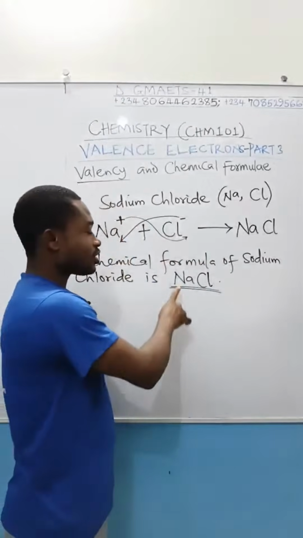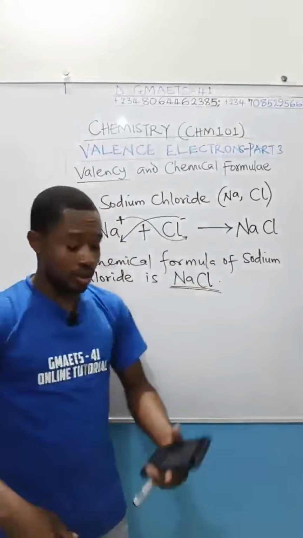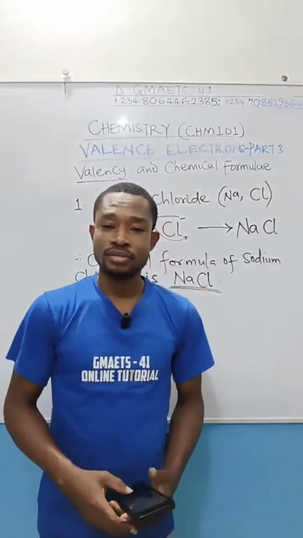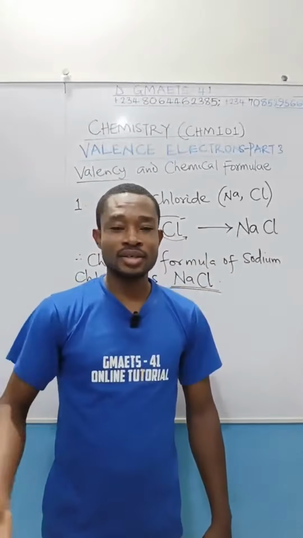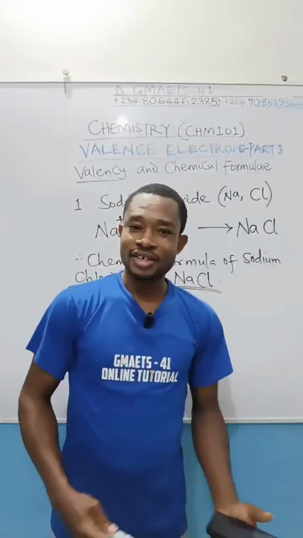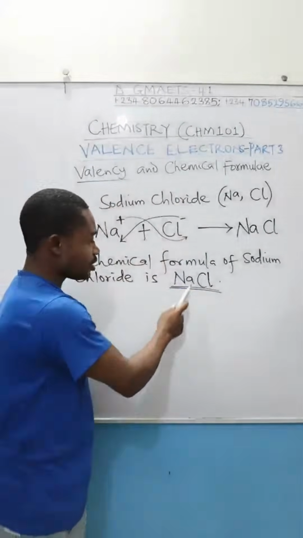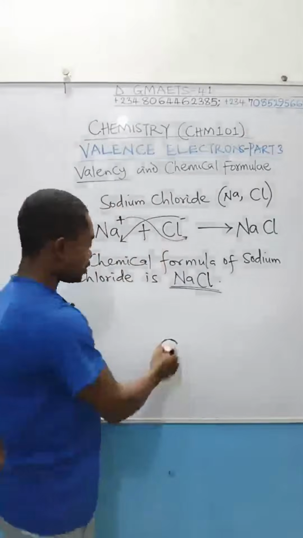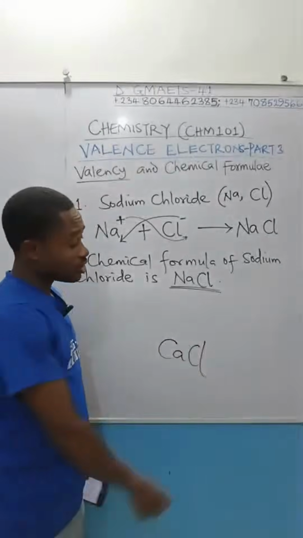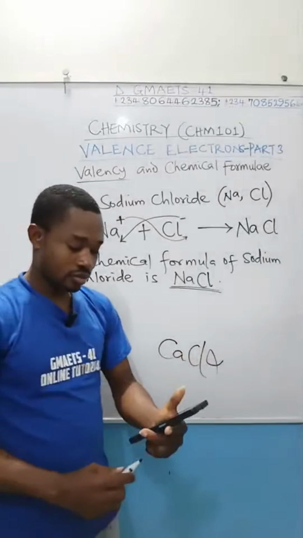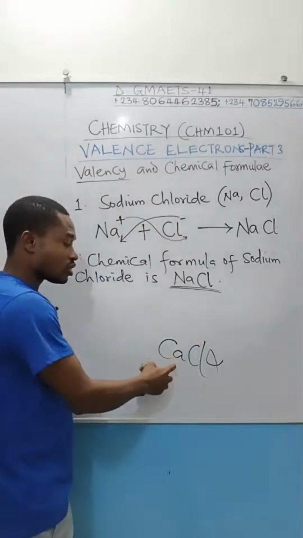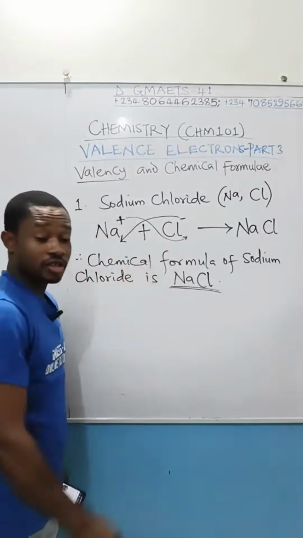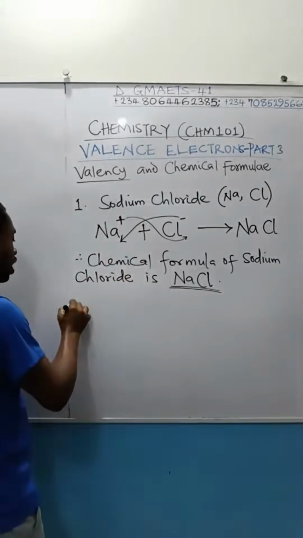Because if I tell somebody that sodium chloride is NaCl, and then say, okay, write calcium chloride, many will be tempted to be guided by sodium chloride and write calcium chloride as CaCl. Of course, this is wrong. This is not the correct chemical formula of calcium chloride. So let us find out the correct chemical formula of calcium chloride.